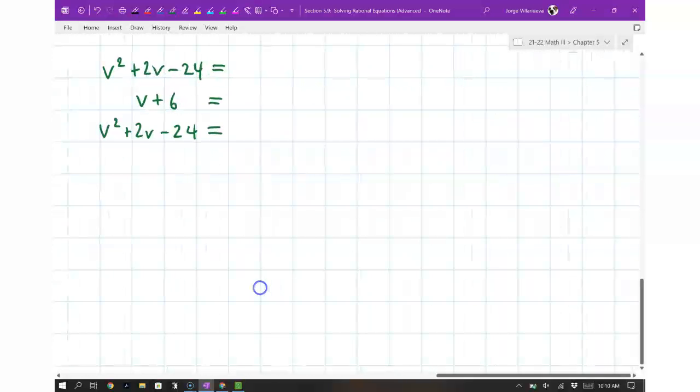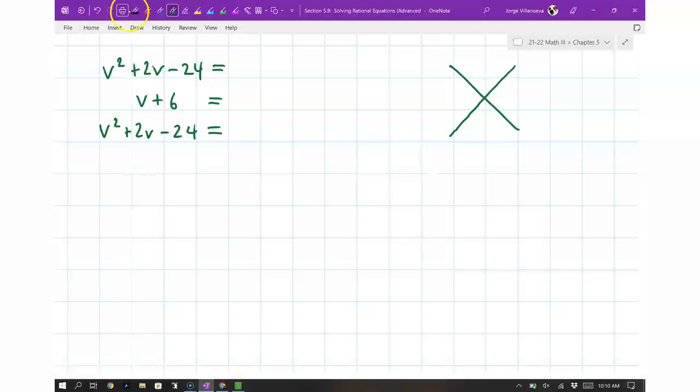So let's factor v squared plus 2v minus 24. I'm going to do an x method for that, okay? Because it's a trinomial. Here's my a, my b, and my c. So a times c is negative 24, and b is a 2. I need two numbers that multiply to negative 24 that add up to positive 2.